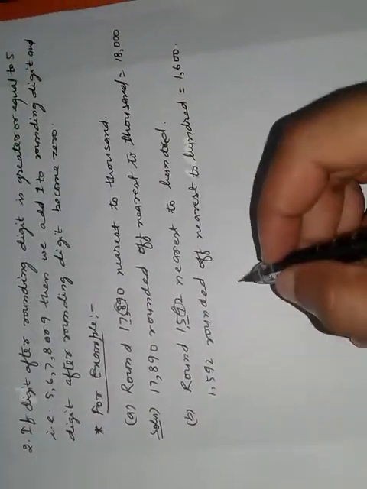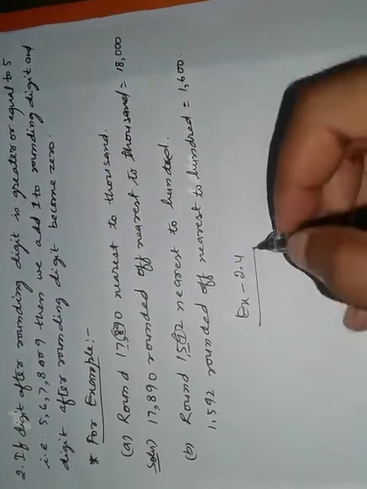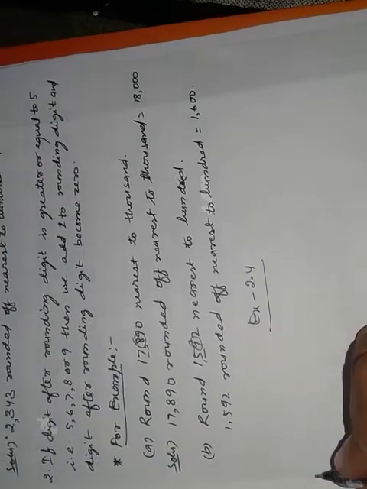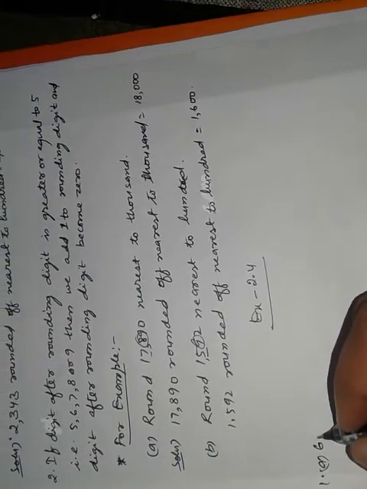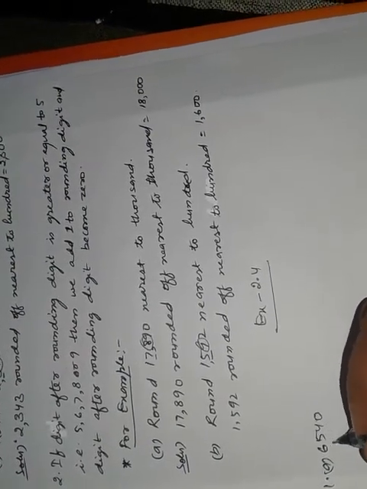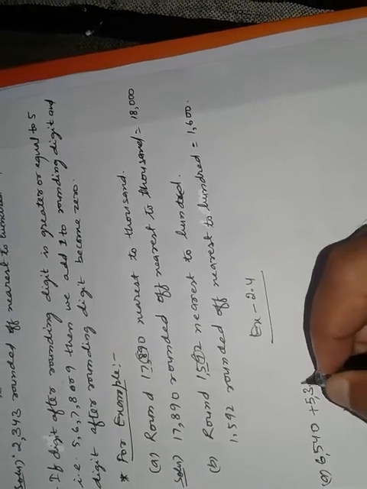Okay, so look here, we start exercise 2.4. First, part A. The question is 6540 plus 5390.